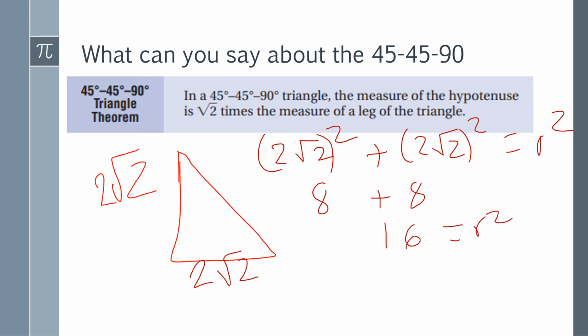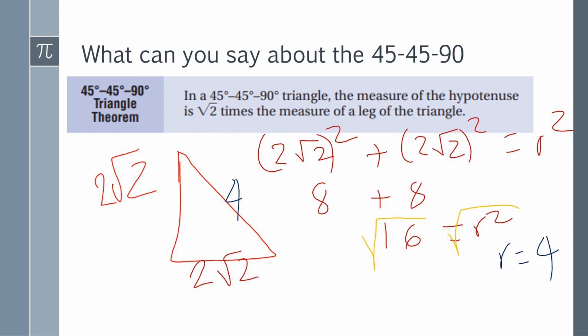And you know, we take the square root of both sides. I'm sorry, I wrote that so bad. We get r equals 4. So that's where 4 comes from.